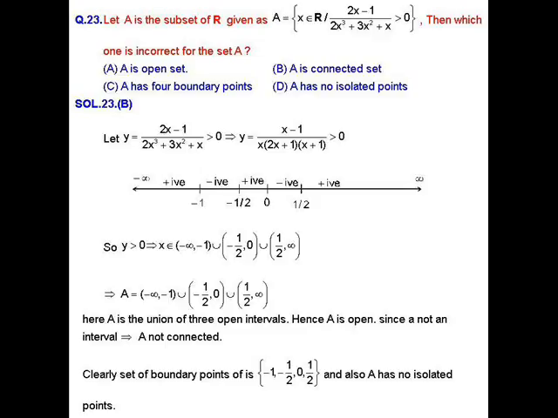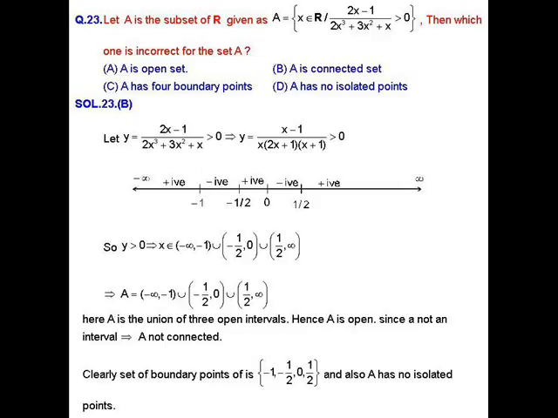Now when x lies between minus 1 by 2 and 0, the numerator part is negative, while the denominator part is also negative. Then negative becomes positive. So in this range y is positive. Now take x between 0 and 1 by 2.